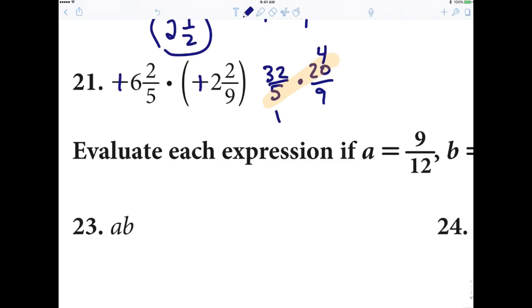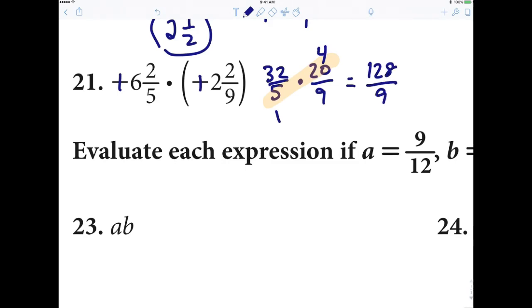Beautiful. Can I reduce anything with 9 and 32? No. Sebastian, finish this off for me. 32 times 4. Use your mental math. Good job. 128 over 9.